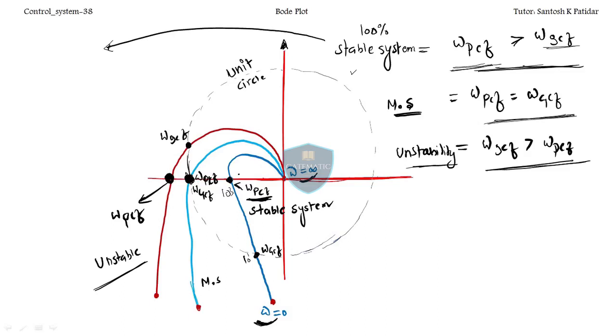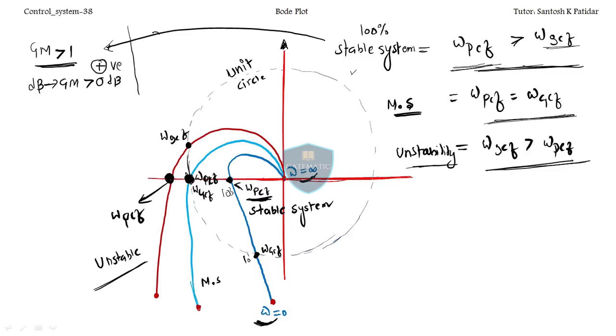The gain margin will always be greater than 1, tell me. The gain margin is the reciprocal of the magnitude. So gain margin will always be greater than 1 in linear, and in dB it is always greater than 0 dB. Means it's positive.